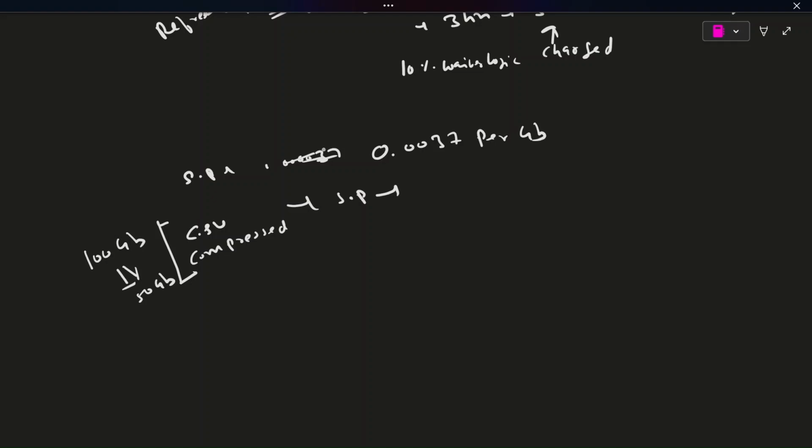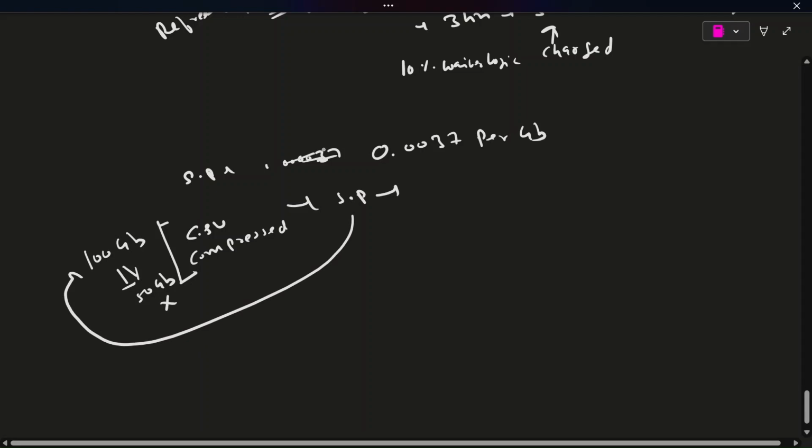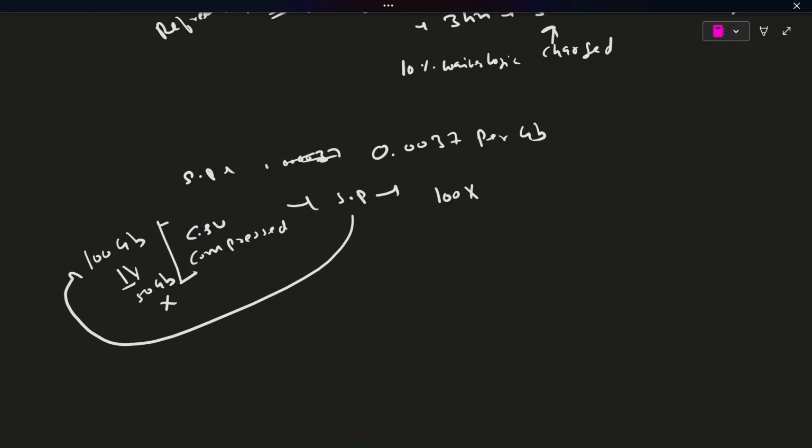Snowpipe will charge you on the 100 GB, not on the 50 GB. Got it? Which means 100 multiplied by 0.0037 per GB. This will be your credit consumption. So basically this is how you will be charged for Snowpipe.